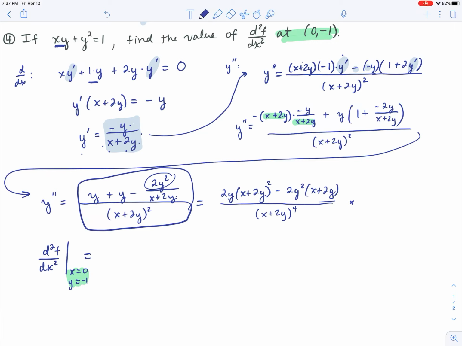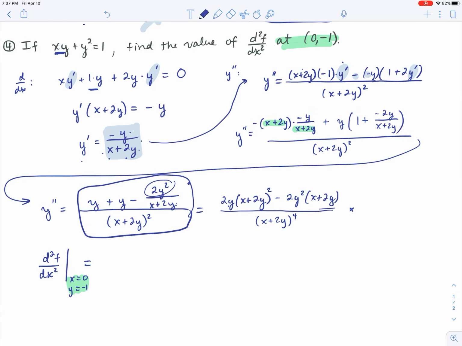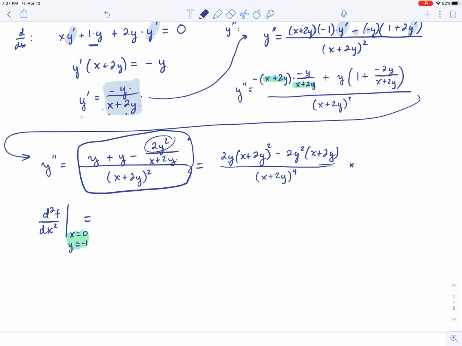I wouldn't really like you to leave your answers like this with a nested fraction, as we discussed before. But I think in this case, if we're going to substitute in just these numbers, it'd probably be easier to deal with this one than this chunky thing.